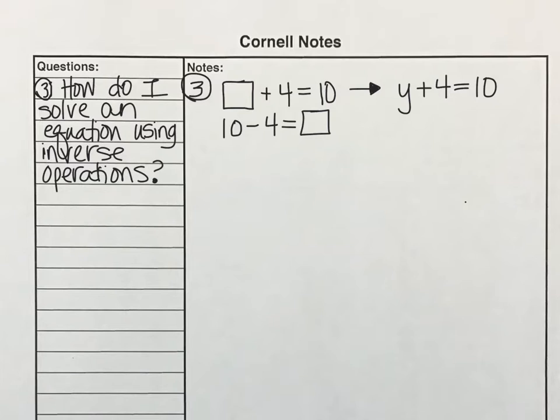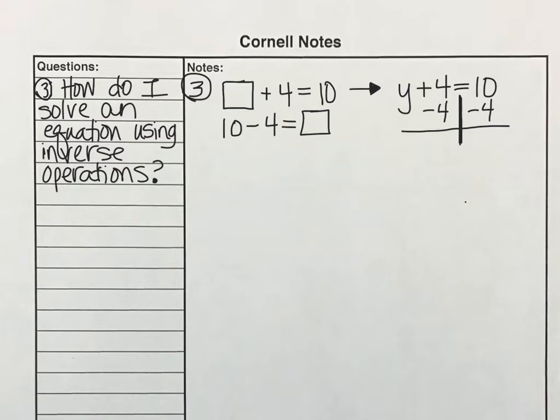The difference is that we use an equation and we keep it balanced. Okay, the equal sign is kind of like the balance on a balance beam. It's the balancing point. We call that the fulcrum. And what we do to one side of an equation, we have to do to the other. So if I'm going to subtract 4 from the 10, that means I'm also taking away 4 from the other side of the equation.